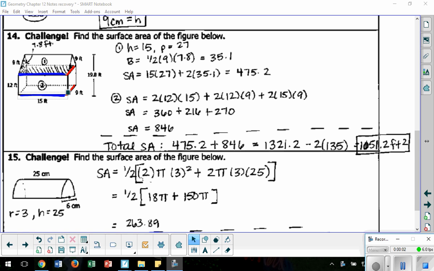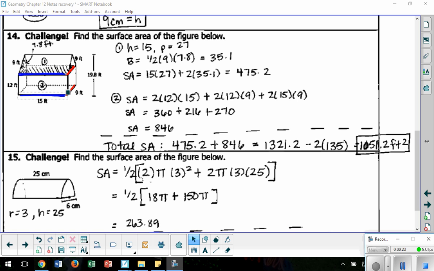So for 14, you have two figures there. With the two figures, you have to figure out each one individually.